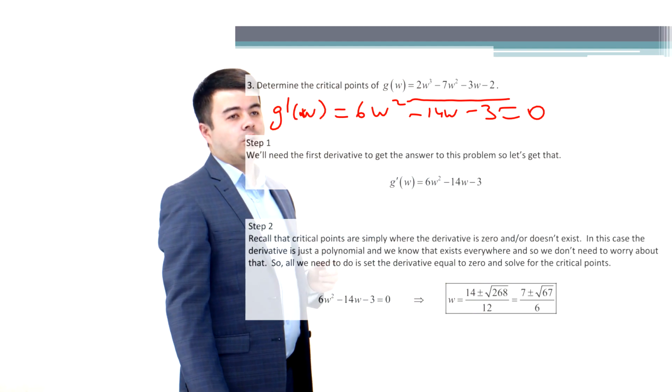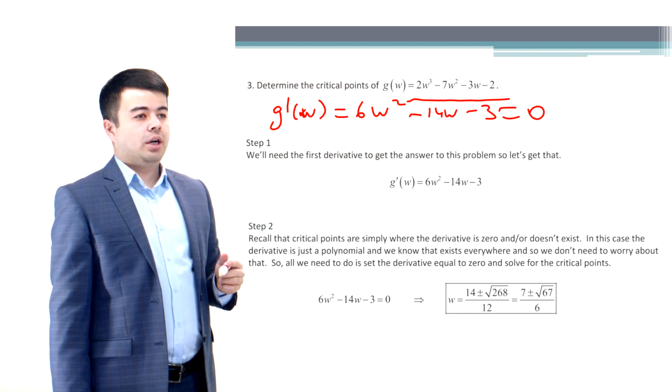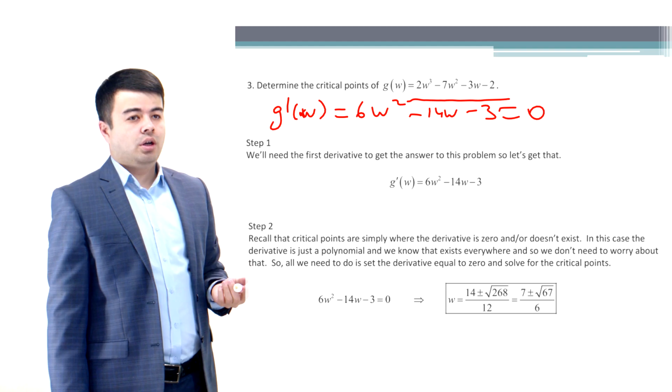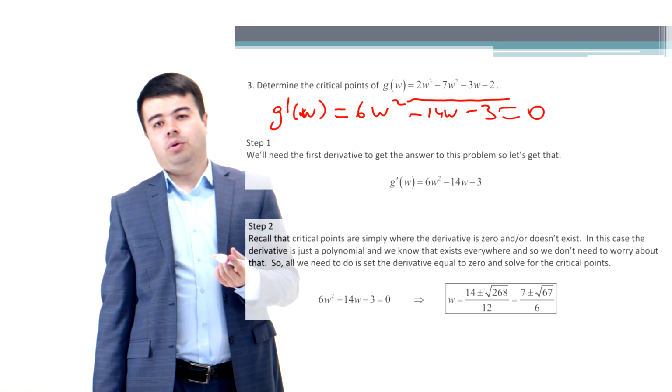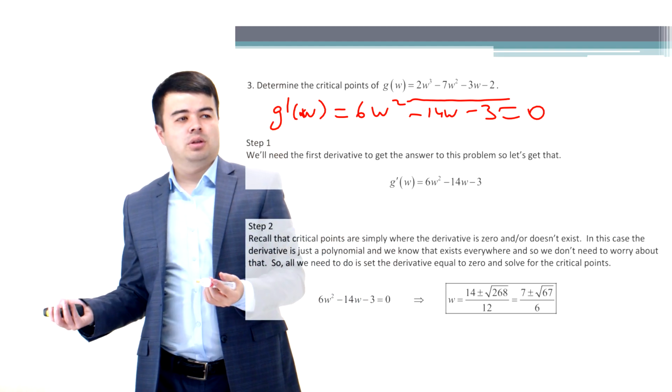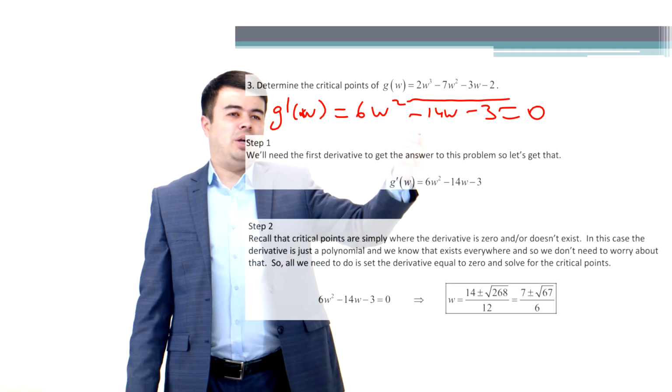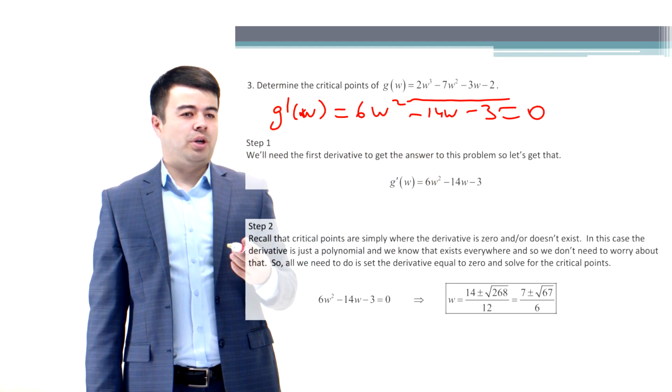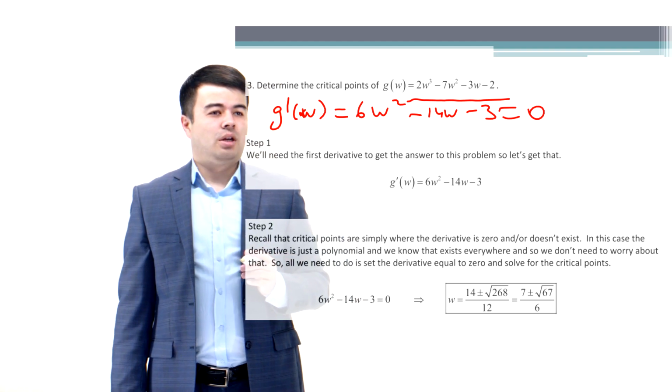After equating by 0, we now have a quadratic equation. We will solve this quadratic equation using the discriminant, or we can just divide by 6 and find solutions by Vieta's theorem. This is very easy now.